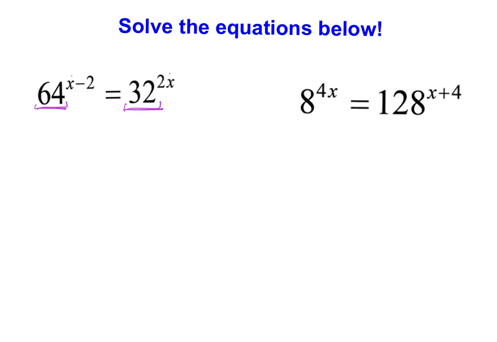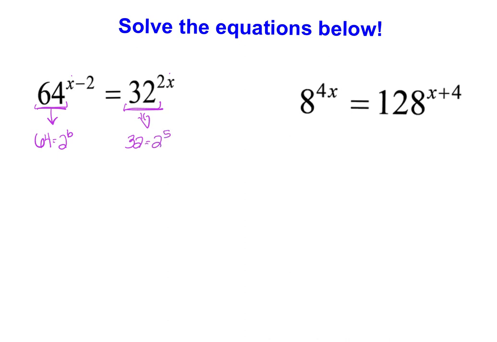If you're unsure of what to do, and you can't find a base to just rewrite one of them as, start looking for a base that they have in common. When I look at 64 and 32, I notice that 64 is 2 to the power of 6, and 32 is 2 to the power of 5.